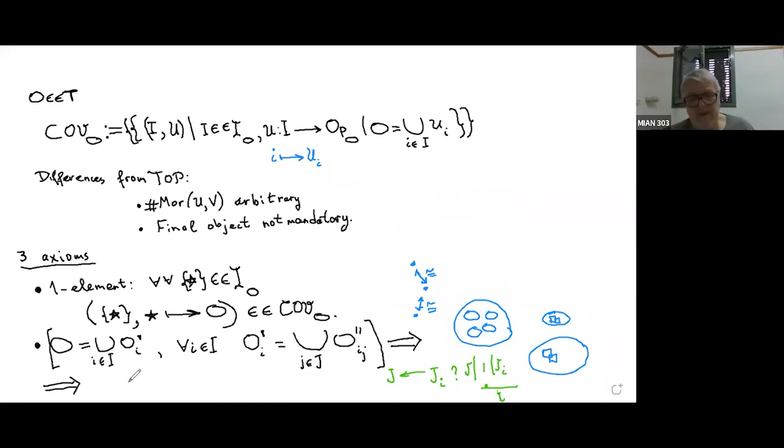So it should imply that the whole O is, of course, the union over I. I'll write it explicitly when we turn to the true category picture.